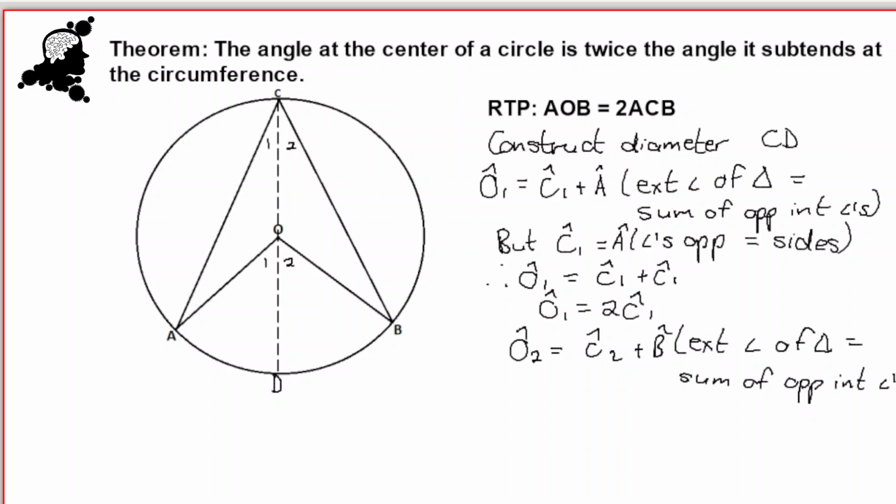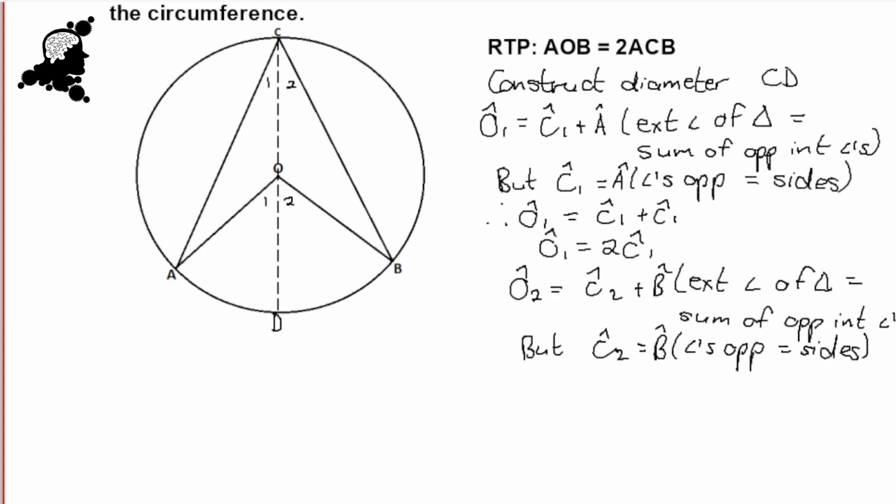But we can also see that C2 is equal to B. For the same reason, we've got an isosceles triangle, so we could say angles opposite equal sides. Therefore, if I go back to my first equation, I can say that O2 is equal to C2 plus C2, which is just going to give me 2C2.